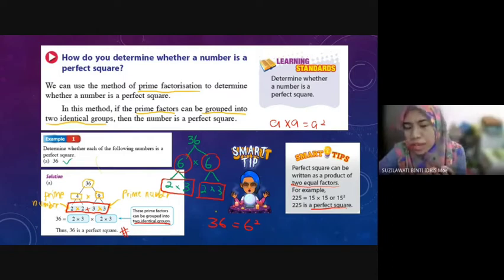Can you give me another example? If you really understand, give me another number that we can call a perfect square, other than 36 and 225.